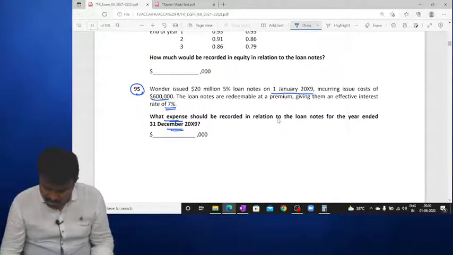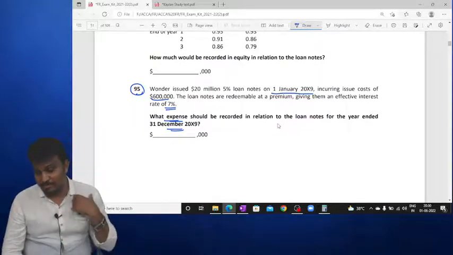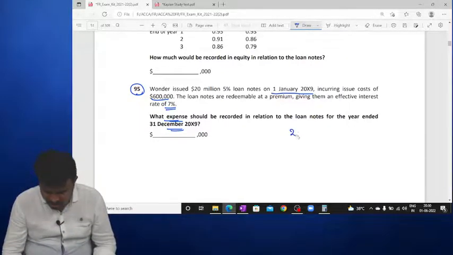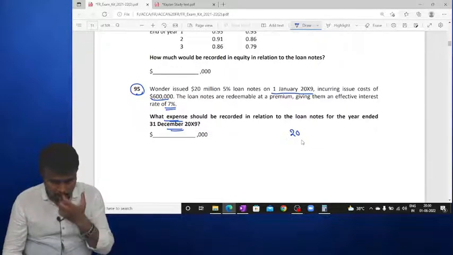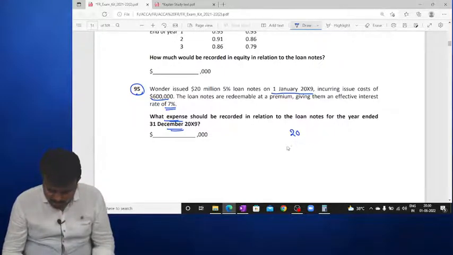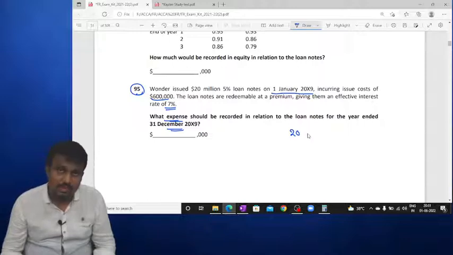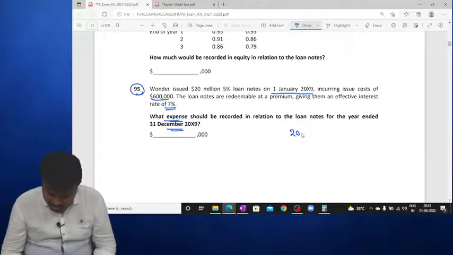So we just need to calculate the finance cost. $20 million means 200 lakhs, right? Then 6 lakh is the cost of issue.